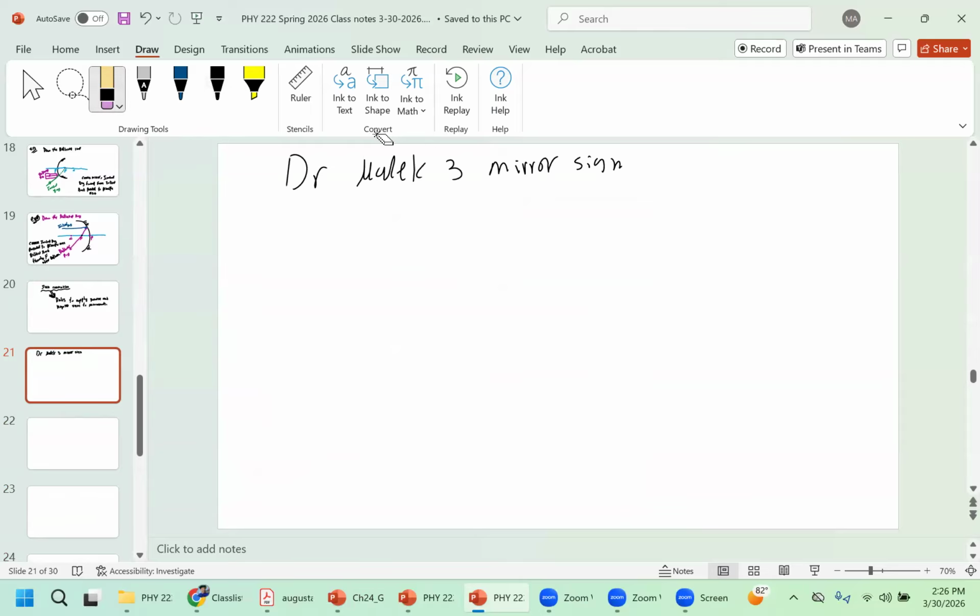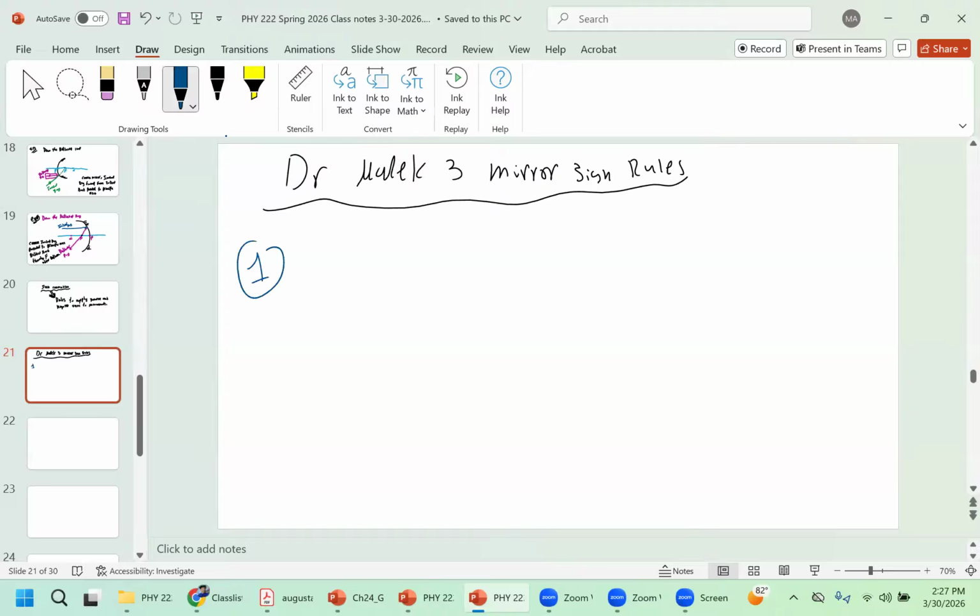All right. So these are the three rules that you're going to follow when you assign signs when we actually work with problems.